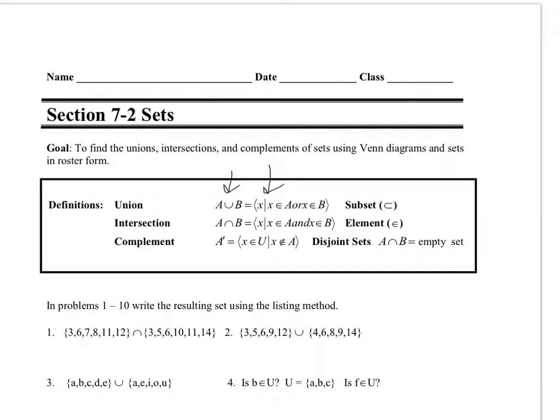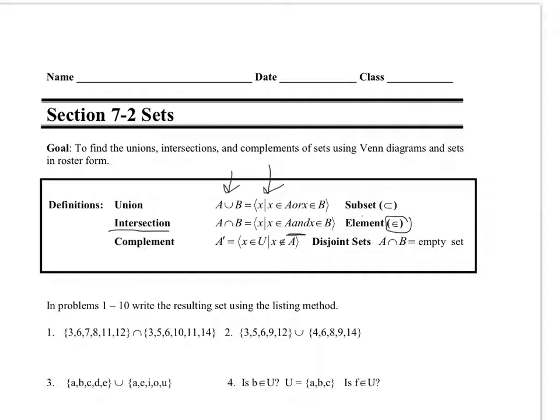Now, if you look at the one below it, it's an upside down U. That is the intersection set. In other words, I'm using all of the values of x such that x is an element, and if you'll notice, this is the symbol we use right here for element, of set A, and x is an element of set B. So I can only have values that are in both of the sets when it's an intersection sign.